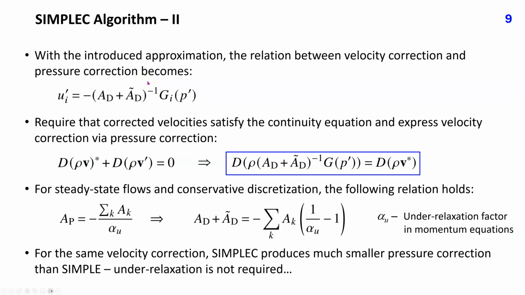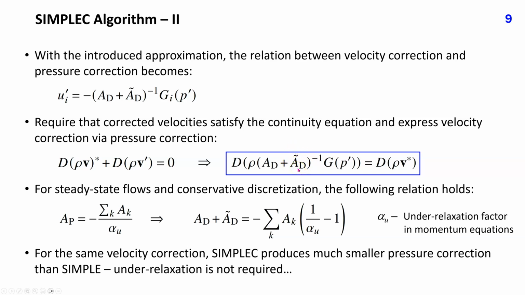We now require that corrected velocities satisfy the continuity equation and express velocity corrections via pressure correction. This leads to the following pressure correction equation. It has the same form as in the SIMPLE algorithm. The only difference is that we add to the coefficient on the main diagonal the sum of off-diagonal coefficients.